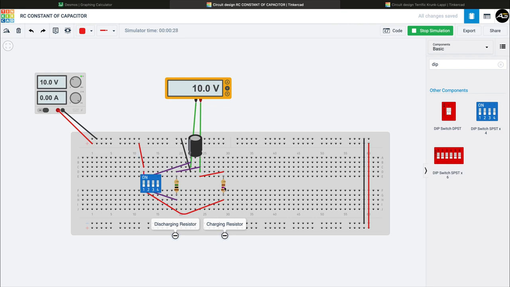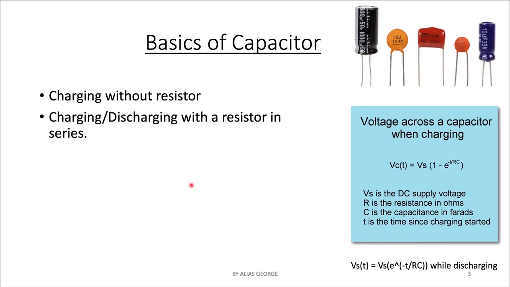If I increase the RC constant of the charging circuit, then the charging will take place at a much slower rate, similarly for the discharging case also. This is what I needed to explain to you all: charging without resistor and charging with a resistor in series. I hope everyone understood this.